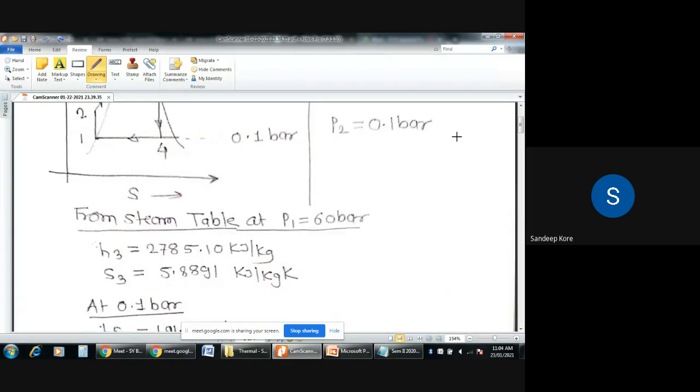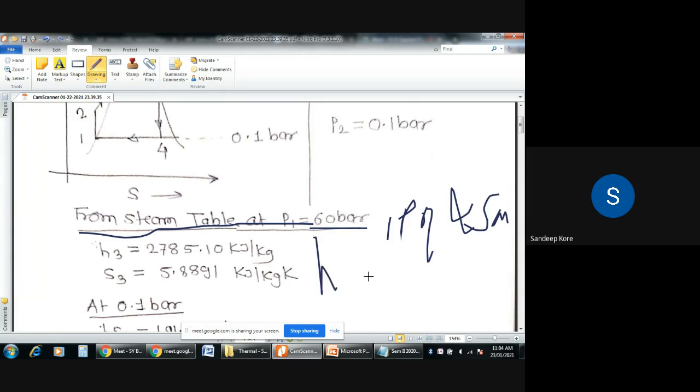और steam table में 2-3 tables हैं. One is the temperature table, second is the pressure table, and third is the superheated steam table. So we are referring to the pressure table at two pressures, 60 bar and 0.1 bar. At 60 bar, the steam is dry and saturated, so we refer to the enthalpy and entropy of the vapor only.